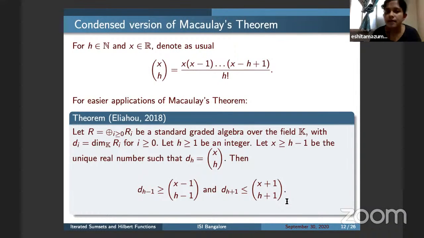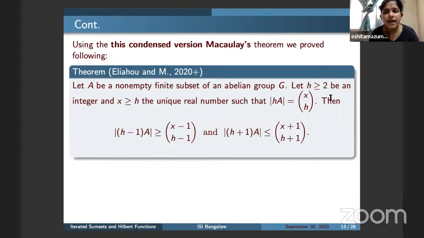Again, using this result and the construction which we did earlier, we can say that if h is greater than or equal to 2 and A is a non-empty finite subset of the abelian group G, and x greater than or equal to h is the unique real number such that the cardinality of hA is the binomial coefficient (x choose h), then the cardinality of (h-1)A is lower bounded by this quantity, and the cardinality of (h+1)A is upper bounded by this one.